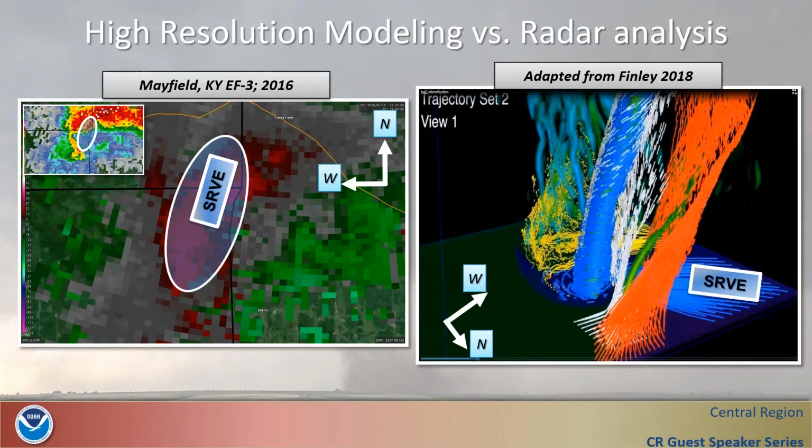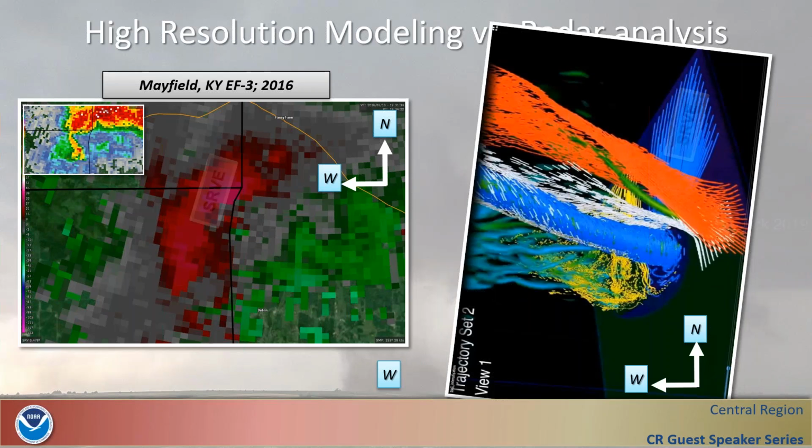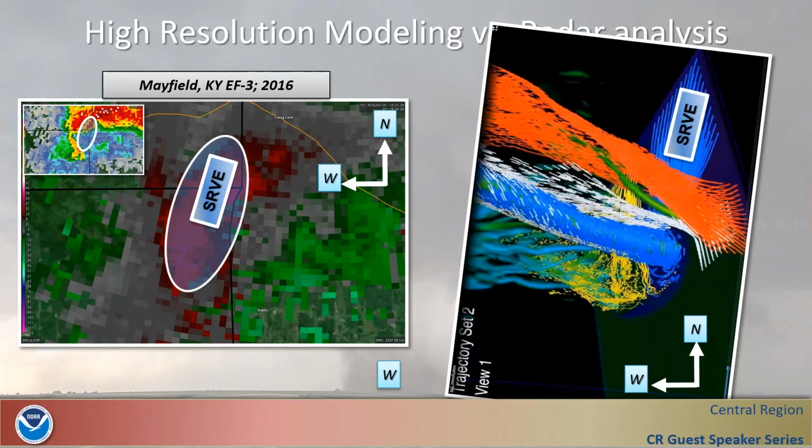If I were to turn the Finley graphic on its head, it's a little hard to follow, but hopefully that allows you to see how these airstreams, those originating from deeper within the forward flank, which they've identified not as a survey per se, line up pretty well with the survey airstream that we're identifying here.